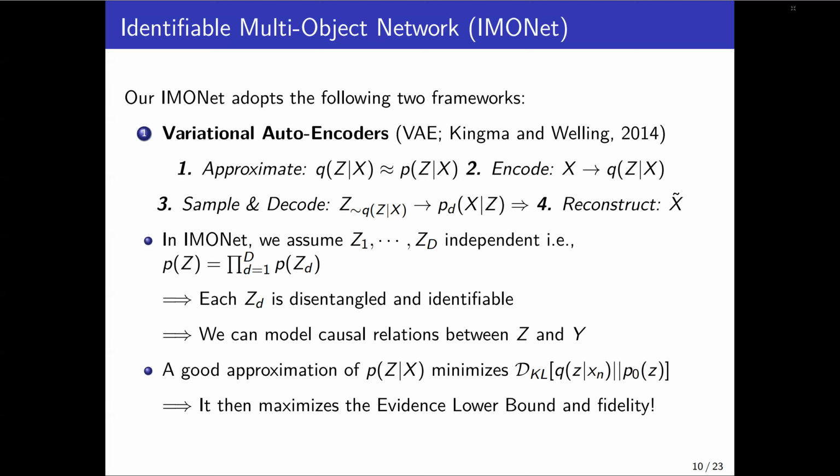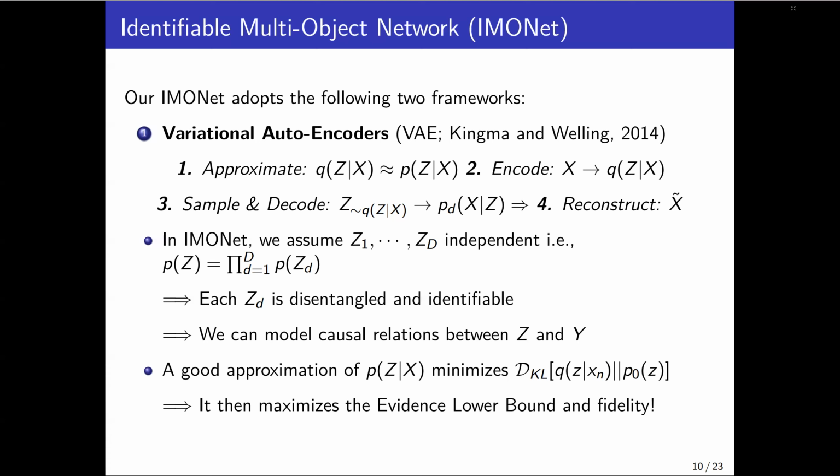In our IMONET, unlike the original VAE framework, we assume the independence of the latent features in Z during computation. This is as important as the first I in our model's name states, because the independence is indispensable to obtaining a disentangled and identifiable latent variable, thereby allowing us to model the causal relations transparently between latent variables and targets.